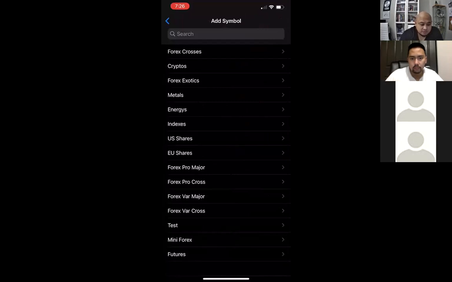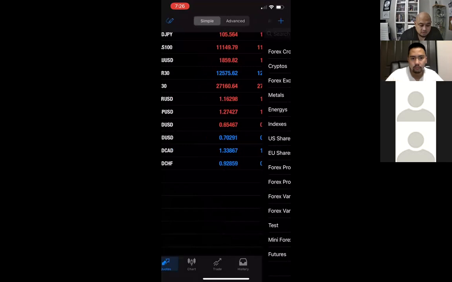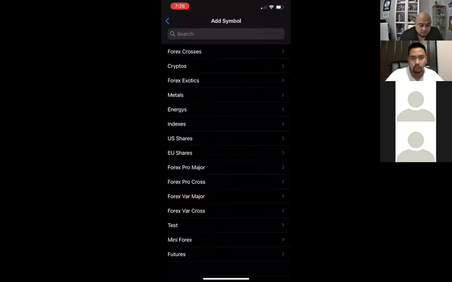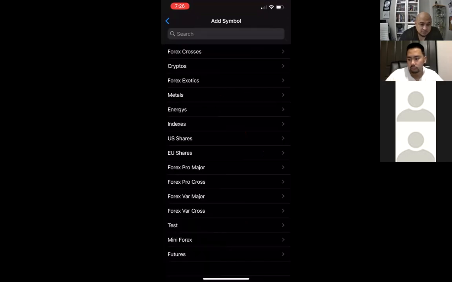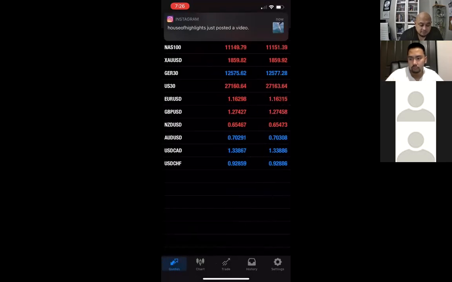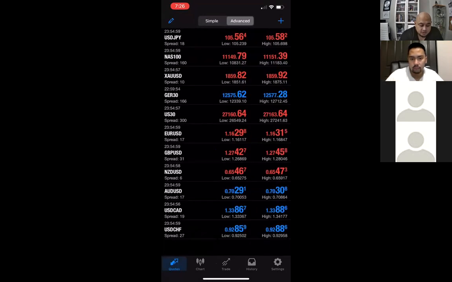What happens when you hit the plus sign? You have to go to the advanced instead of the simple, I think. Well, for me, it's simple. It pops up either way for me on the iPhone. No, it's NAS 100, right? Yeah, NAS 100. Is it MetaTrader 4? Yep.